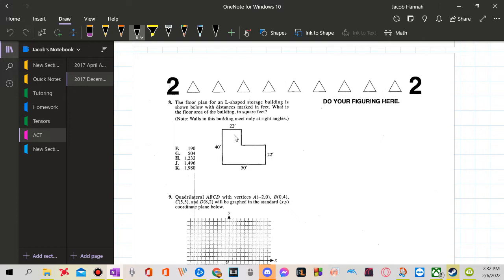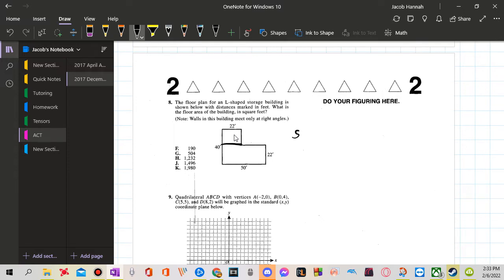you really like to cut them up into shapes that we know. So we cut that off into a square, and we can find out this side. If we know that this whole side is 50, and this much up here is 22 feet, then we can find out this side.